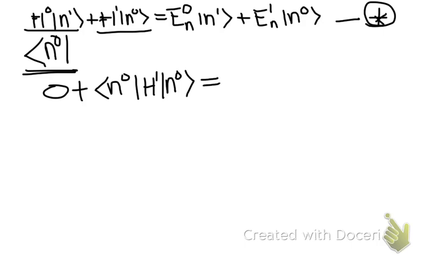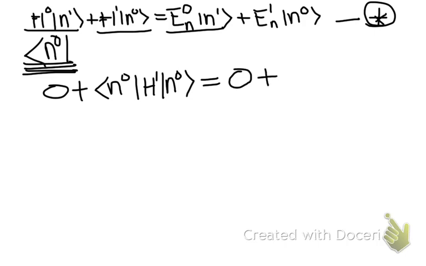Okay, now let's look at the right hand side of the equality symbol. Again, my first term is 0 for the same reason: En0 is my constant energy eigenvalue, so I can take that outside. When I operate with this bra on this ket, because n0 and n1 are orthogonal to each other, this will become 0.